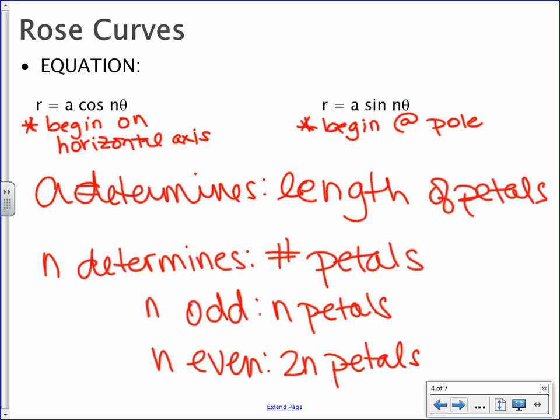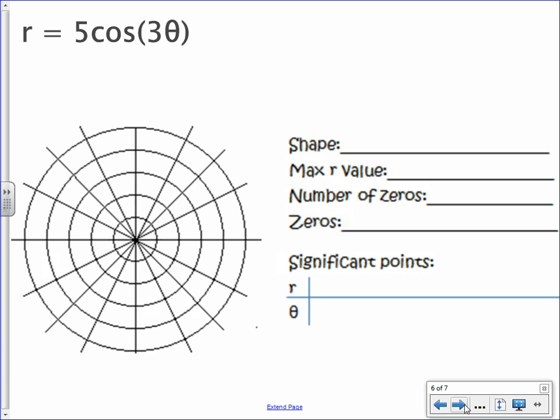Okay, so we are going to do 3 graphs for sure today. I'm going to skip around in the order that I was going to do this. We're going to do this cosine one first. We are going to do r equals 5 cosine of 3 theta. Now, how do we know that this is a rose curve?